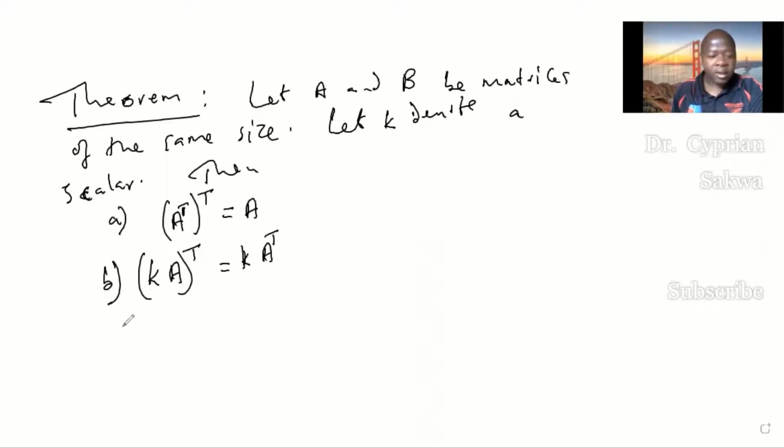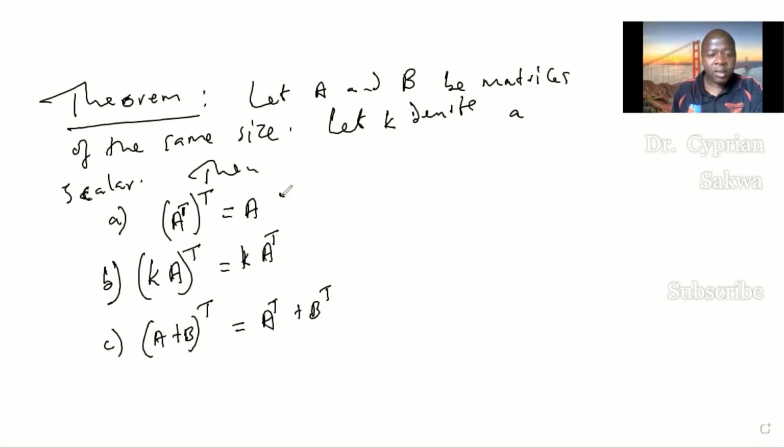And then lastly, the transpose of the sum of A and B would be A transpose plus B transpose. So this is a very important theorem, and we'll be using it in some of our examples that will proceed.